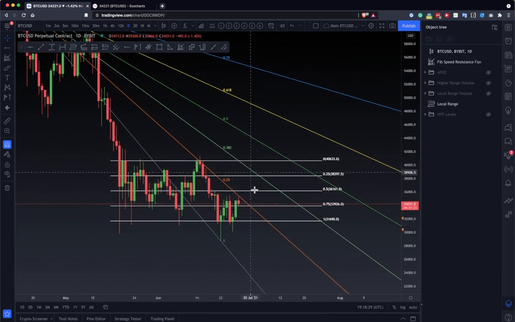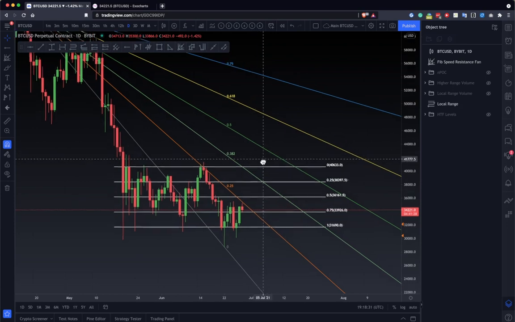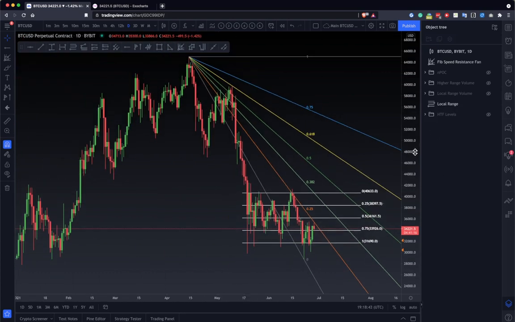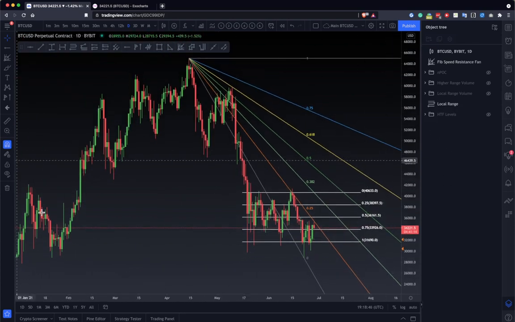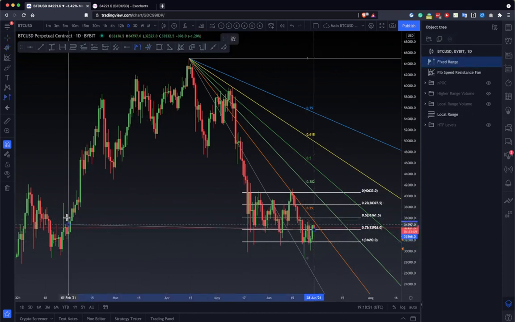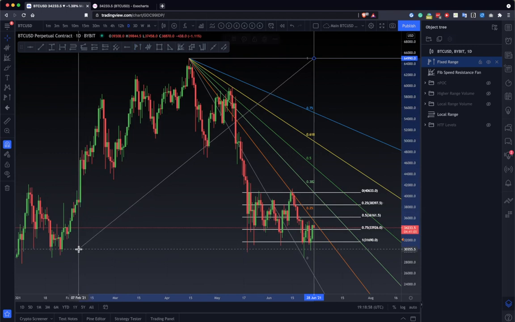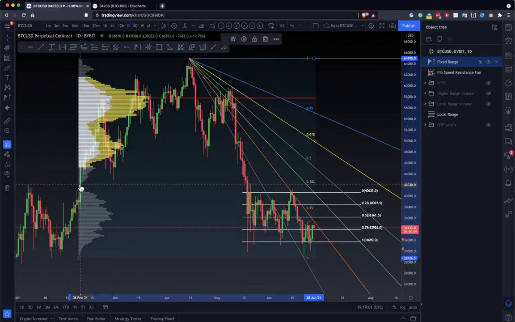The same thing might happen on the upside, but obviously it's less tested, so you might still get rejected somewhere around the 42, 43k region, which was a heavy low volume node area.